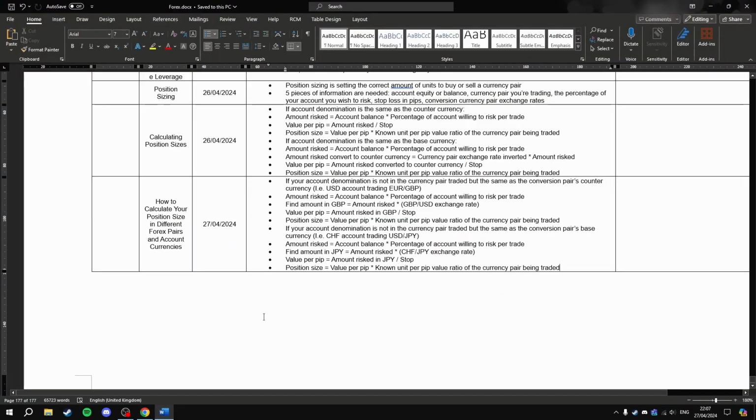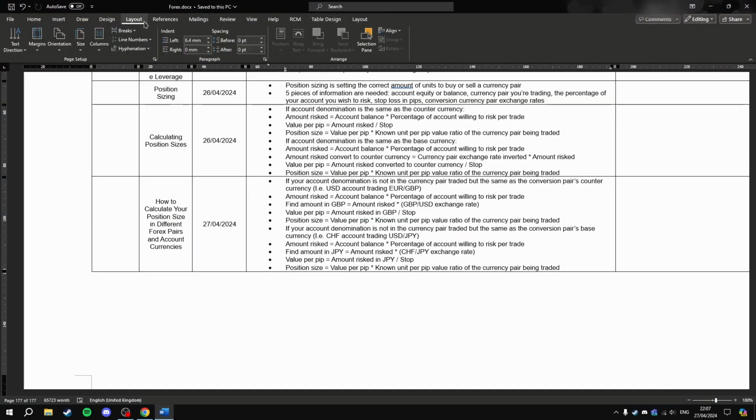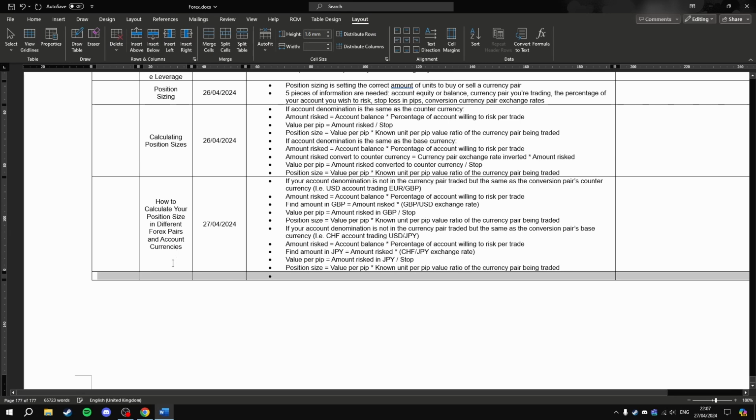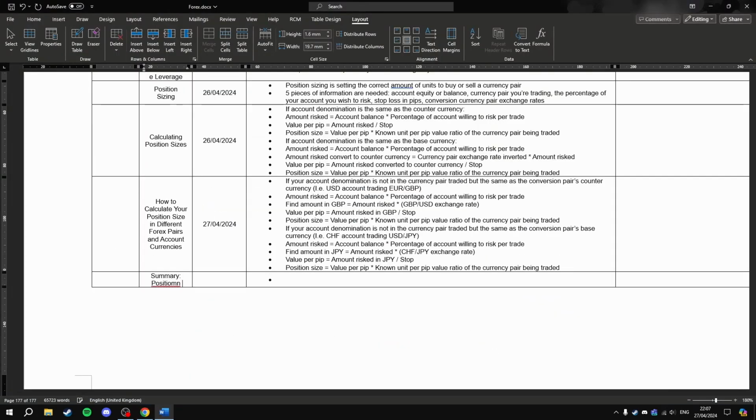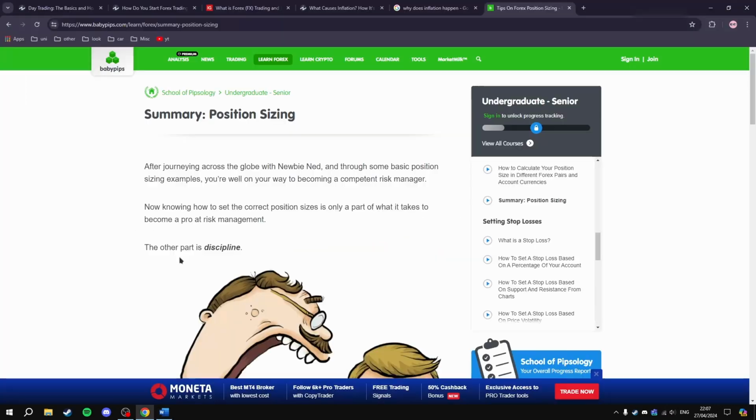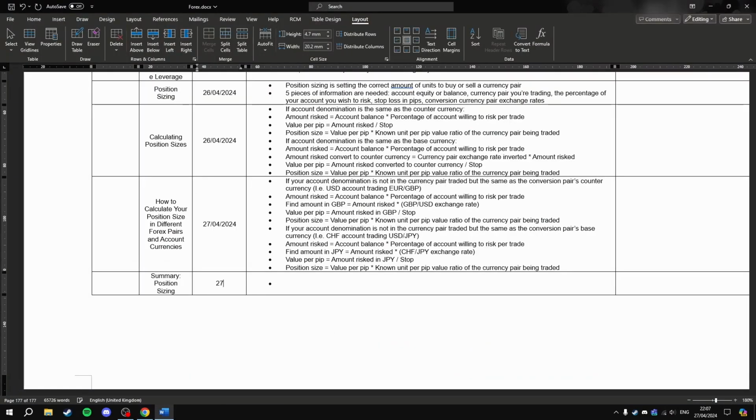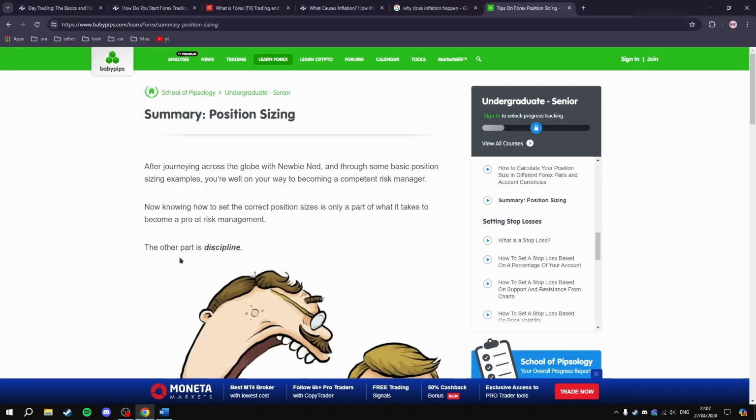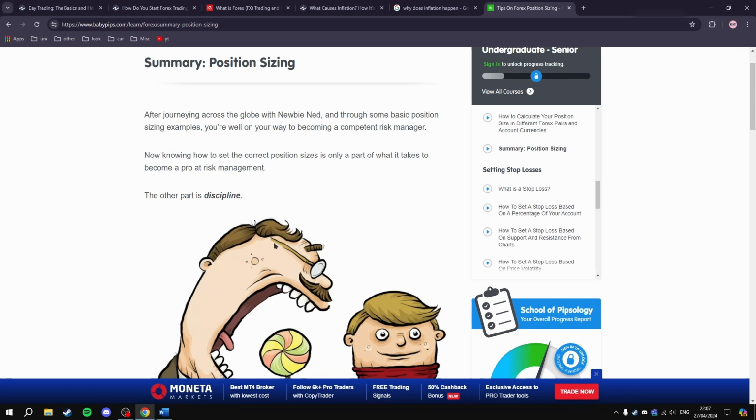So, summary. Position sizing. After journeying across the globe with newbie Ned and through some basic position sizing examples, you're well on your way to becoming a competent risk manager. Now, knowing how to set the correct position sizes is only part of what it takes to become a pro at risk management. The other part is discipline.